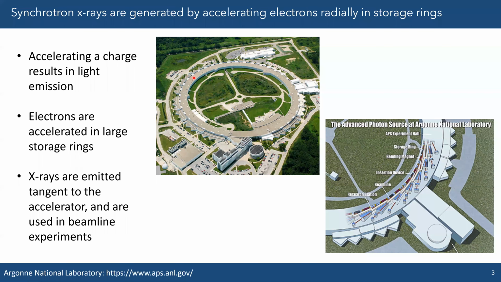The X-rays are basically generated tangential to your storage ring. So in an actual synchrotron, you have what are called beamline stations that are tangent to your storage ring, and in each of these stations, you can do lots of experiments with the X-rays that come out of it.